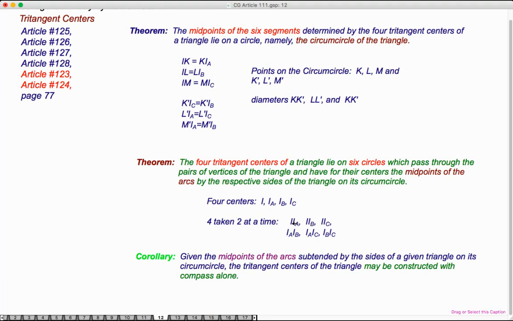And that's the reason why it's I sub A, I sub B, I sub C, I sub A I sub B, I sub A I sub C, I sub B I sub C. These six different things will determine the diameter of the circle that is being mentioned in this particular theorem.